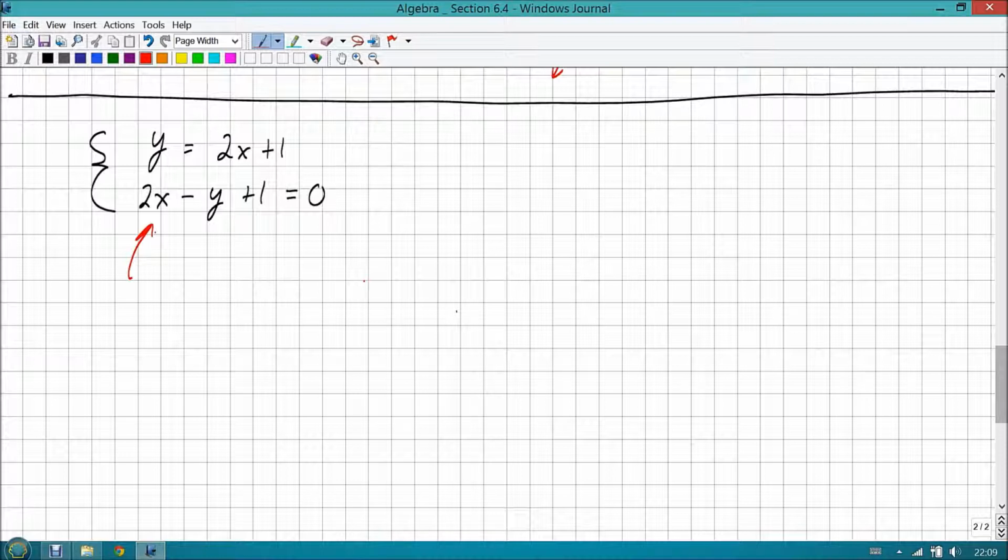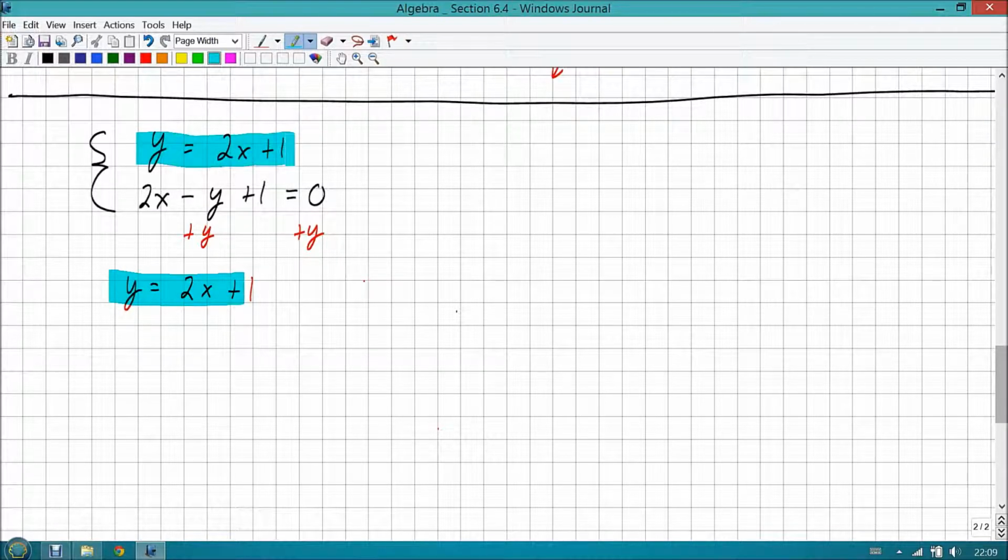In essence, I'm putting it into slope-intercept form, which seems to be everybody's favorite. So to do that, I'm going to add y to both sides and rewrite it as y is equal to 2x plus 1. Look familiar? That's right, they're the same equation.